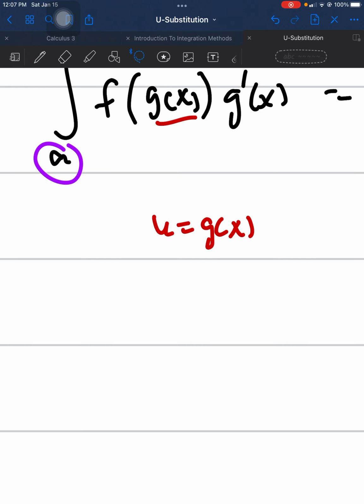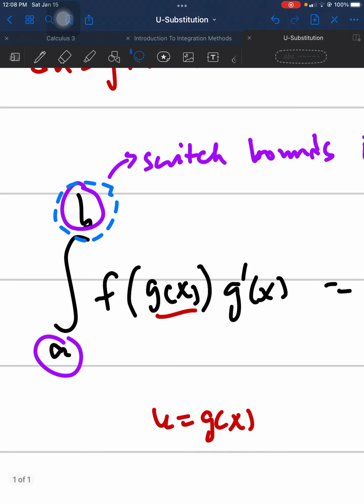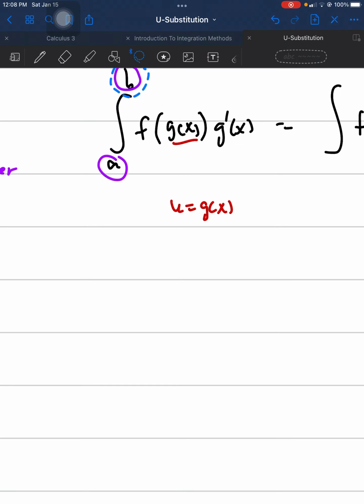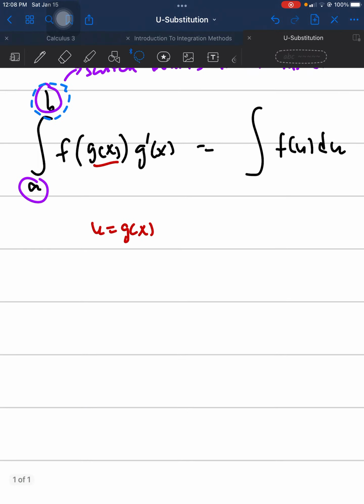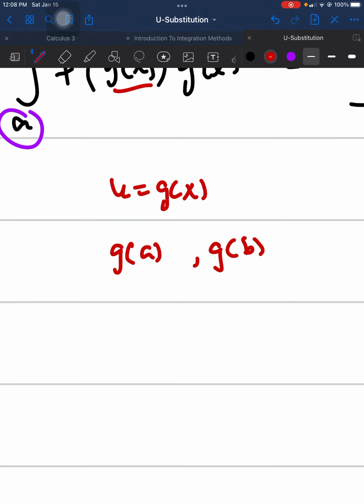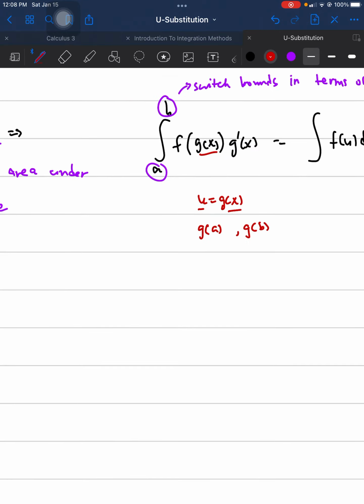We want to evaluate g of a, we want to evaluate g of b, and when we get that, we are in terms of u, because u is equal to g of x.